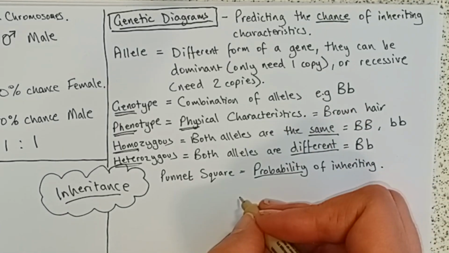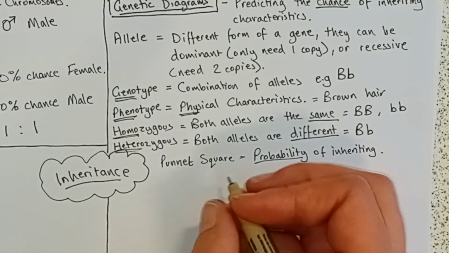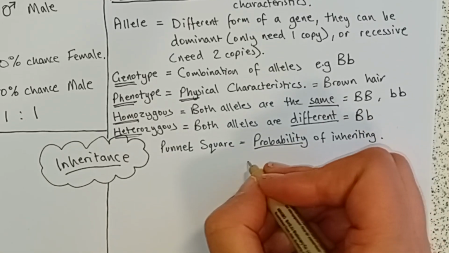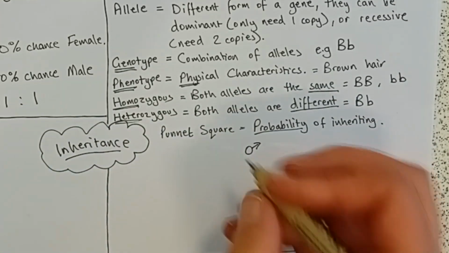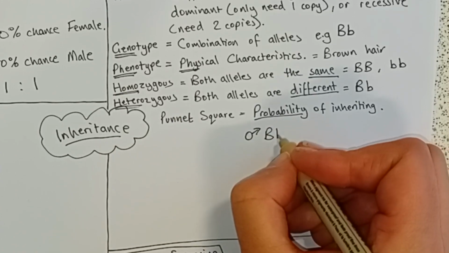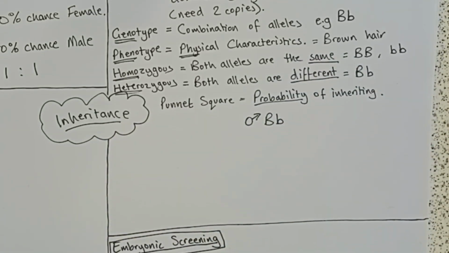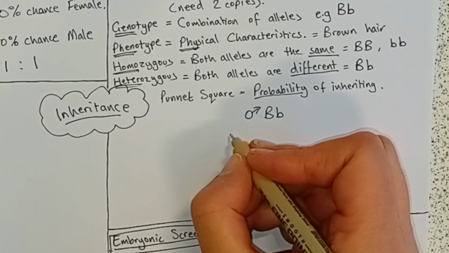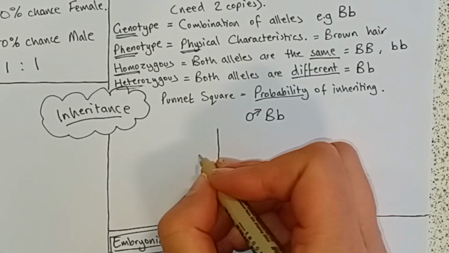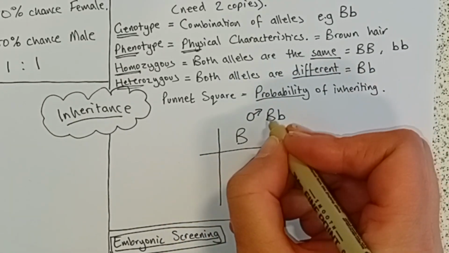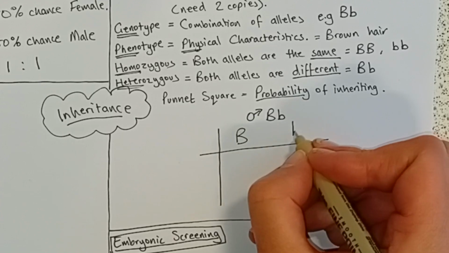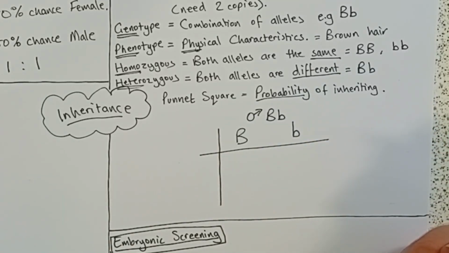Let's pretend then, who did we do at the top last time? We did the female at the top last time, so we'll do the male at the top this time. Let's pretend that the male has the genotype big B, little b. That means half of his sperm are going to be big B, and the other half of his sperm are going to be little b.